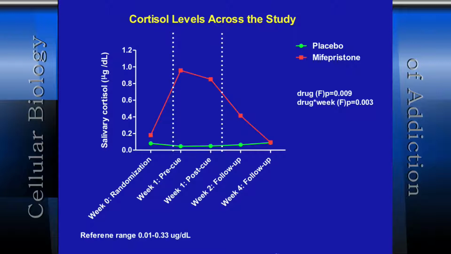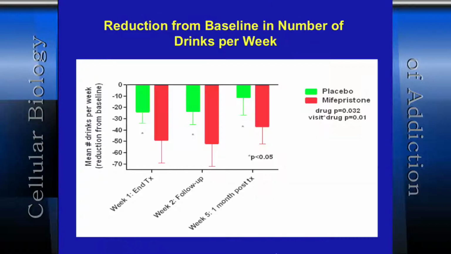And it's been described as resetting the HPA axis, where there's this influx of cortisol that then goes back to normal, and it's sustained for prolonged periods. That's how it's been described to function in psychotic depression, where it's been studied rather extensively.